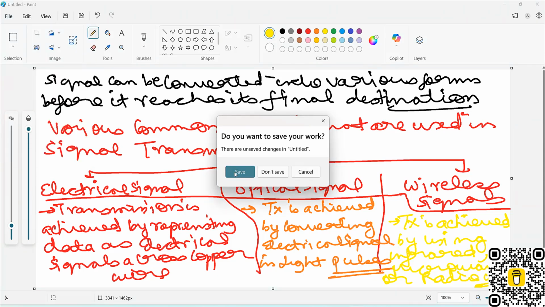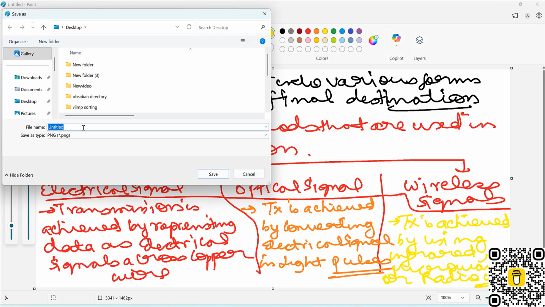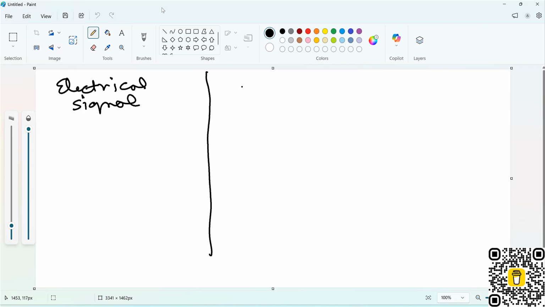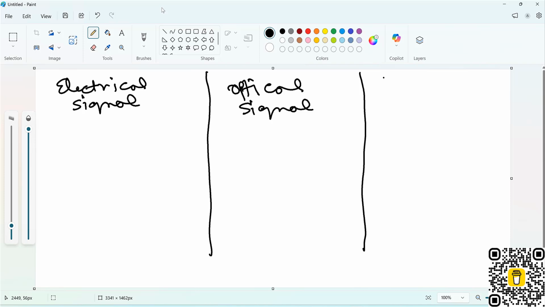Whenever we are talking about a different network, let me save this. Here we talk about the electrical signal, here the optical signal, and here the wireless signal.